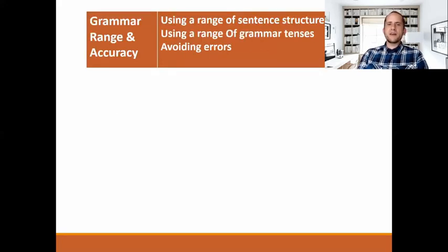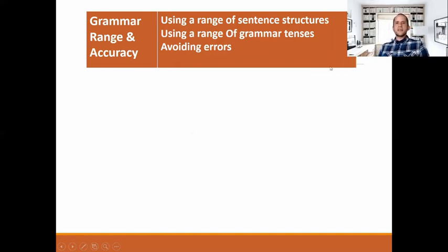Following on from the vocabulary, another thing that is also important is grammar. Now, the examiner is going to be looking out at the structures that you're using. He's going to be looking at the range. Obviously, when you start learning English, you start with the basic tenses. You start with present simple, can, for ability.